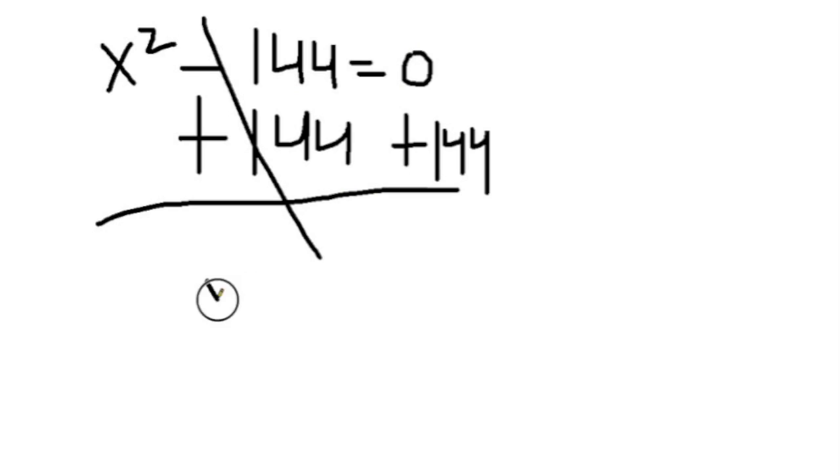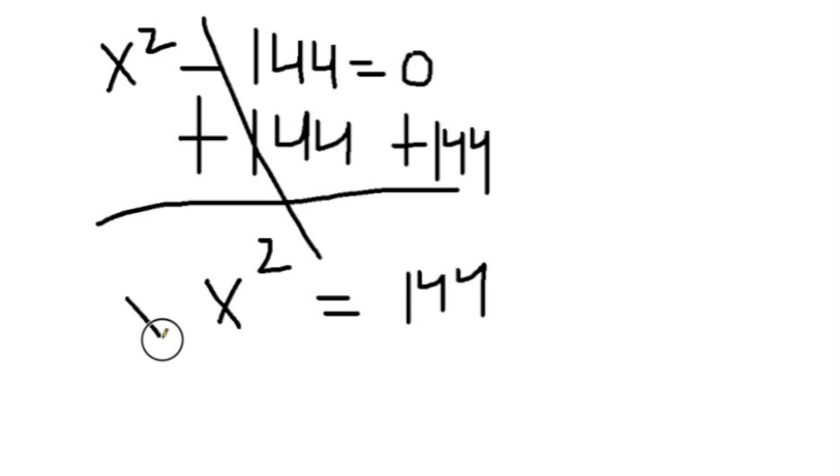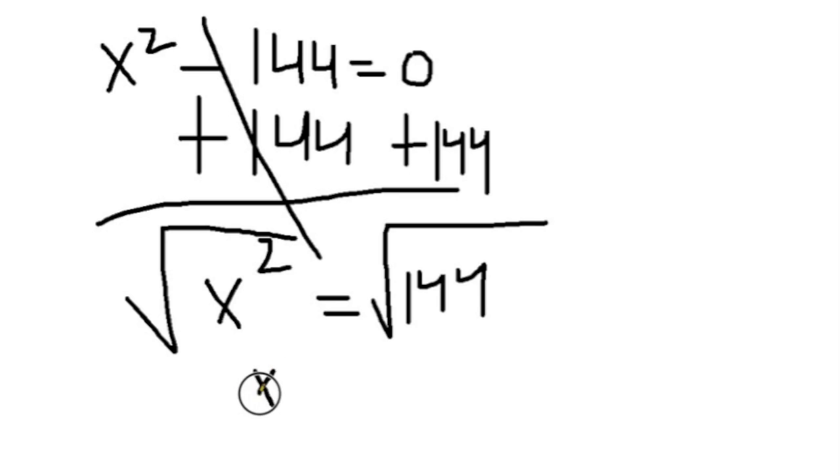And so we get x squared equals 144. Now, what you do is you unsquare it because x is squared. So you unsquare, there you go. You get x equals plus or minus 12.